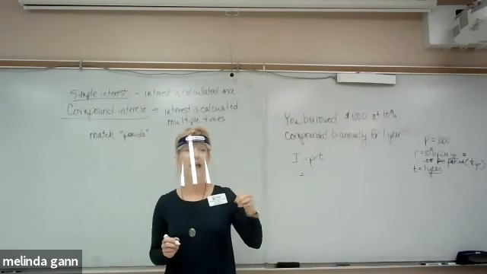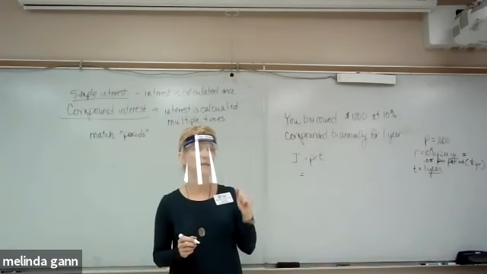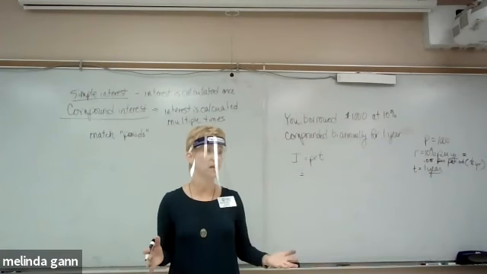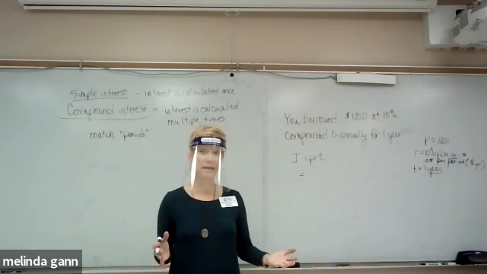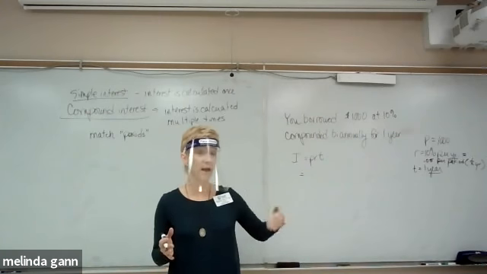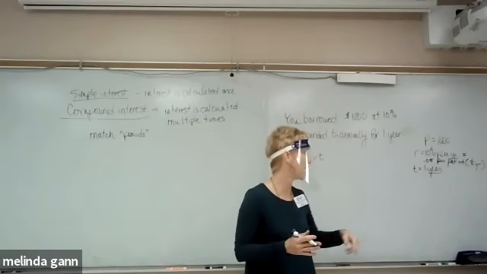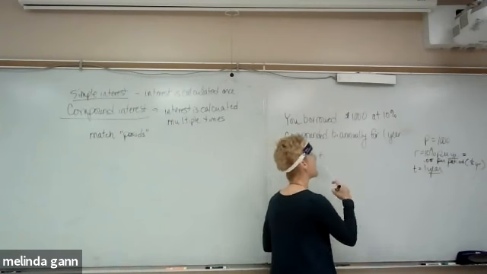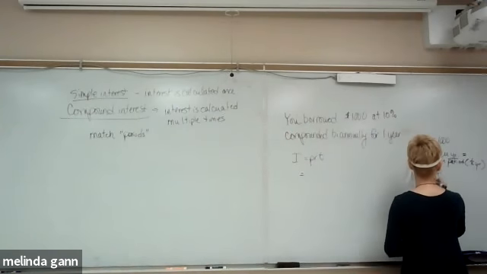If I'm doing it every half of a year and I'm doing it 1 year, I do it how many times? Twice. What if I did this for 10 years though? How many times would I have to do it? 20. Is everybody with me? Because I'd have to do it every half year for 20 years. Now, my interest rate is, and I'm going to put in parentheses twice.